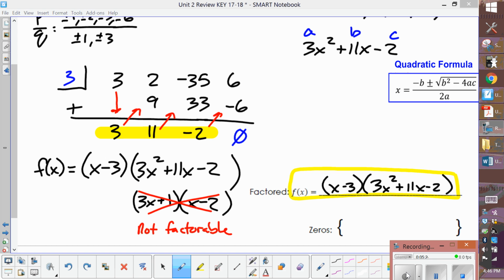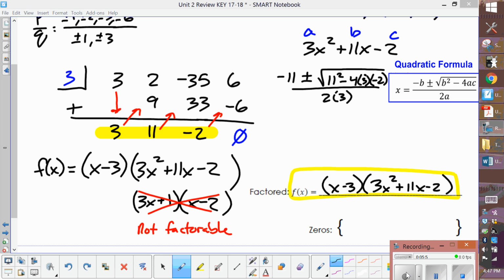All right, it looks like that, and I just slowly but surely plug the appropriate number in the appropriate spot. So it's negative 11 plus or minus the square root of 11 squared minus 4 times 3 times negative 2, all divided by 2 times 3.